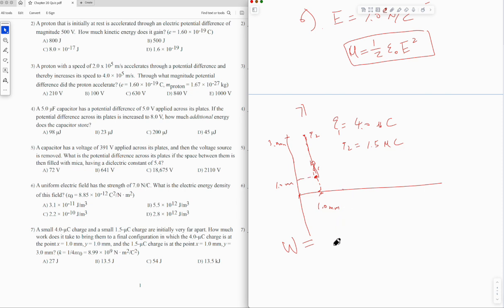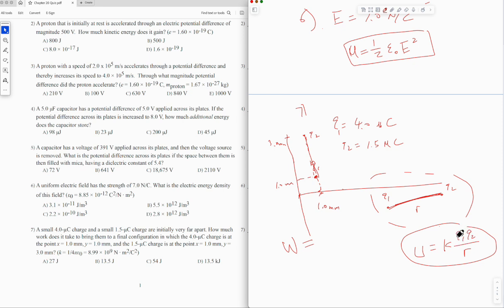In class we talked about how to calculate the potential energy held by two charges, Q1 and Q2, separated by a distance r. At this configuration, the potential energy is K Q1 Q2 over r. The separation is r.